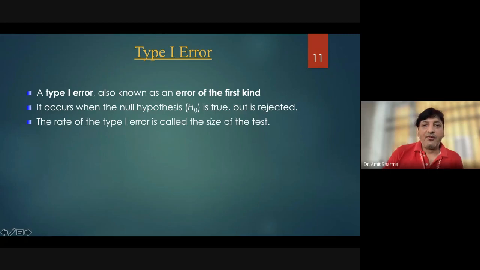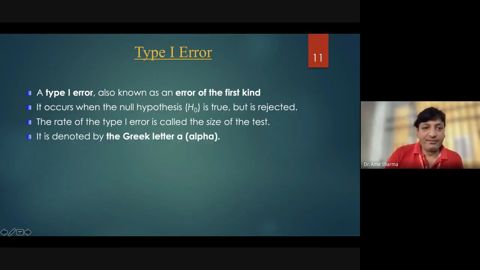Clear? When the null hypothesis is true but it is rejected, this is the reason because of which type 1 error occurs. The rate of the type 1 error is called the size of the test. It is denoted by the Greek letter alpha. It usually equals the significance level of the test.